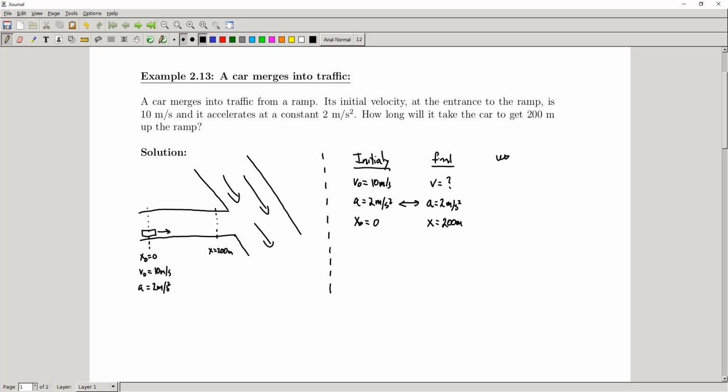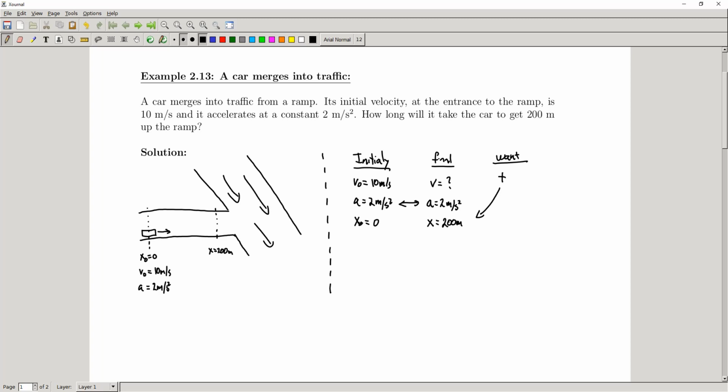What we want to find is t, the t that corresponds to us being at an x of 200 meters. So really what we want to do is find an equation from the equations that we developed in the last video that relates all these variables that we know, so v0, a, x0, and x, to t.